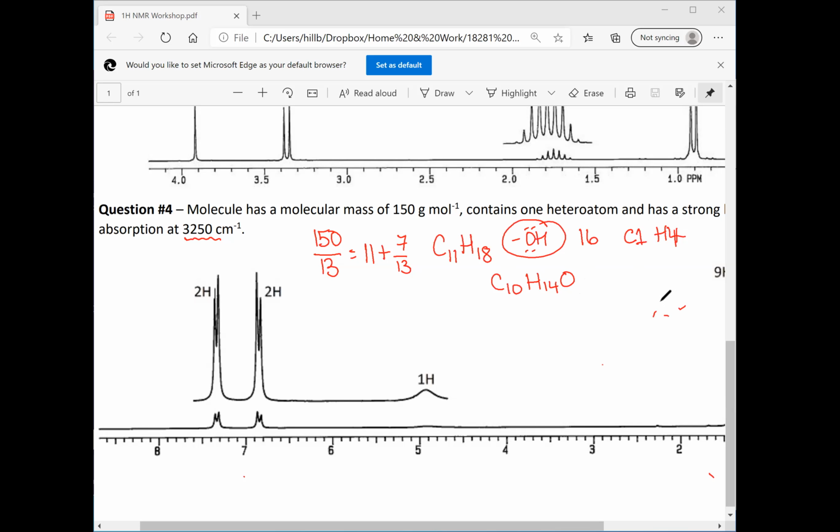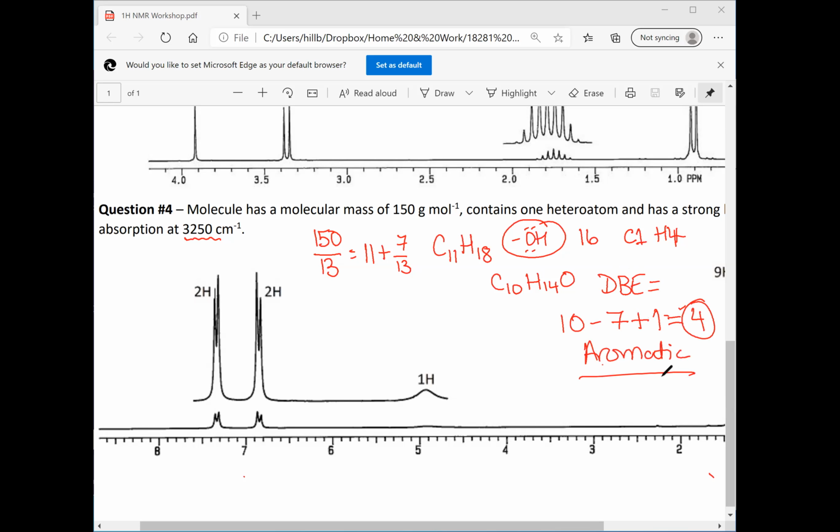Yes, double bond equivalency. That's right. So DBE: 10 minus 7 plus 1 equals 4. So 4 is a good chance that it's an aromatic.